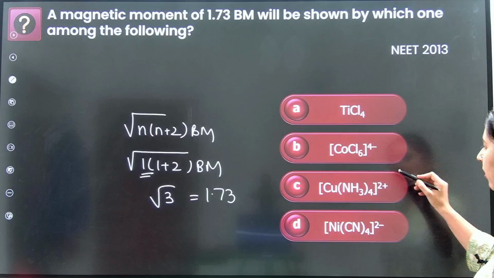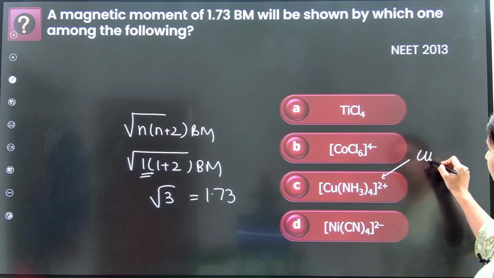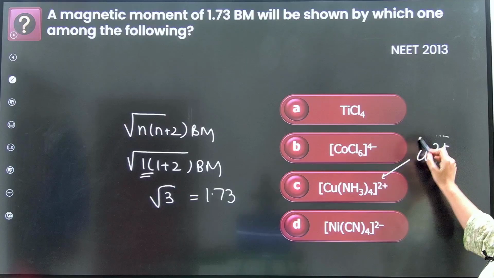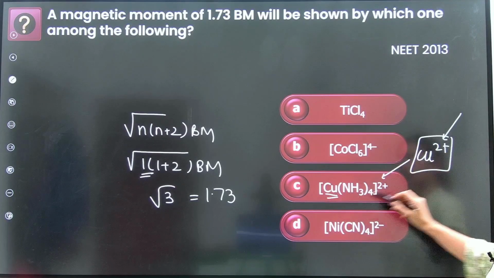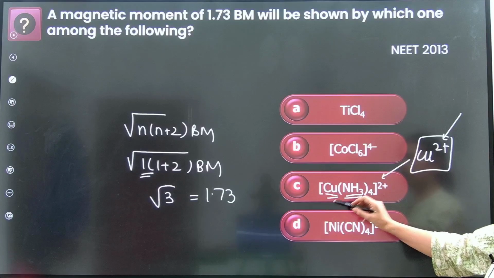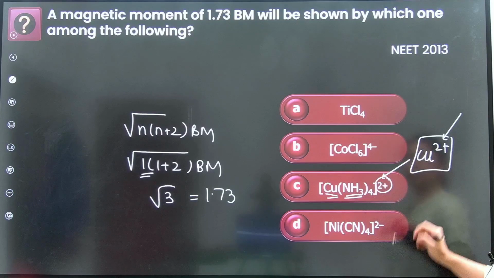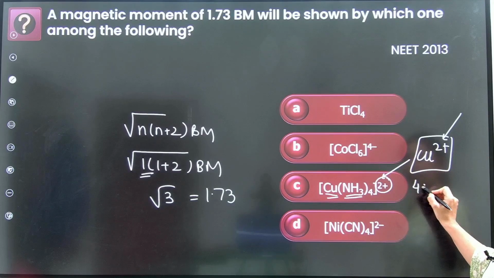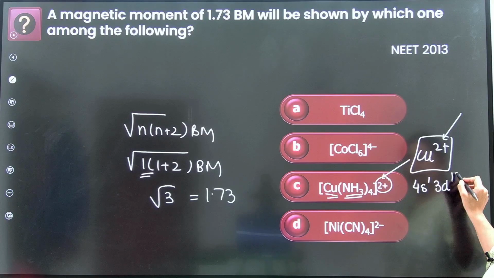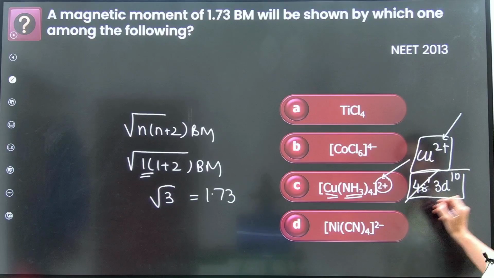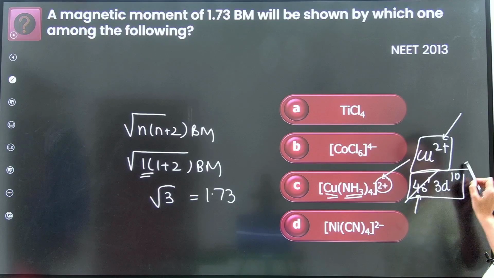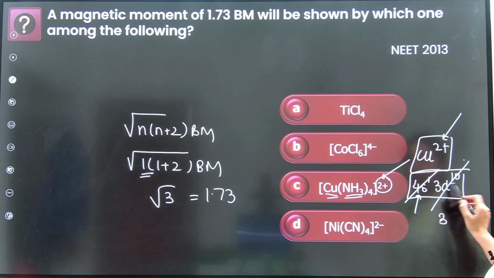So what's the oxidation state of copper here? 2+, of course. In this complex, you can see ammonia has no charge, so copper will have this 2+ charge. You know it is 4s1 3d10. When you remove 2 electrons, one will go from 4s and one from 3d.